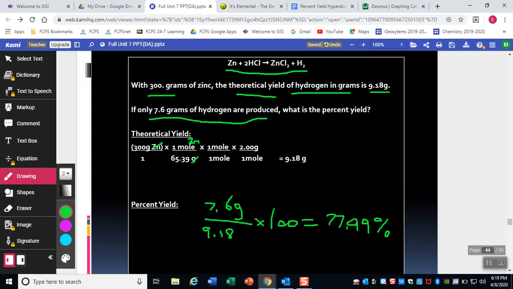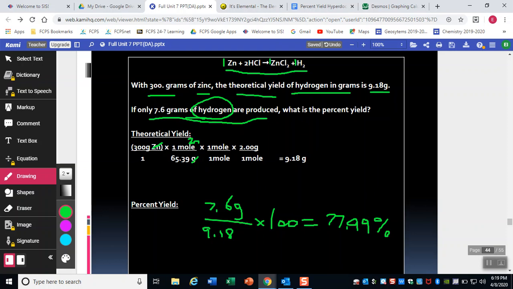It says 7.6 grams of hydrogen. So I've got to switch from zinc over to hydrogen, and the way I do that is from this equation here. I look at the molar ratio. So this says 1 mole of zinc plus 2 moles of hydrochloric acid yields 1 mole of zinc chloride and 1 mole of hydrogen.